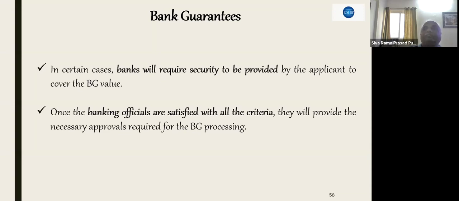So that's why. Suppose you take, for example, XYZ CIRP you are handling. In that particular company, one bank guarantee taken by the company expired before commencement of CIRP.